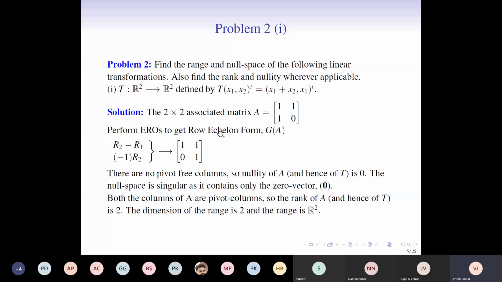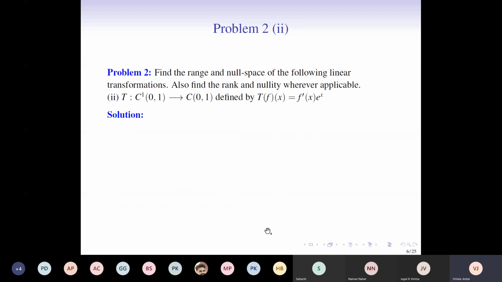So this was a very simple problem. Like the first part of problem 2 was very simple. The second part was a good problem. What it is saying is that instead of working on real spaces like R2, R3, R5 as we have done before, we have these spaces from C1 of 0, 1 to C of 0, 1.